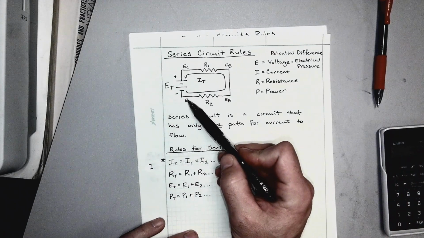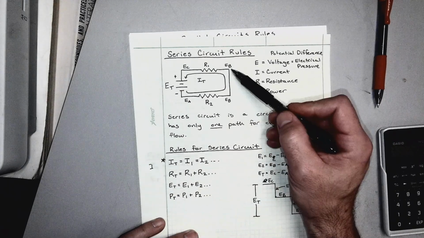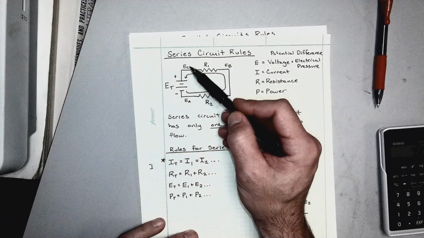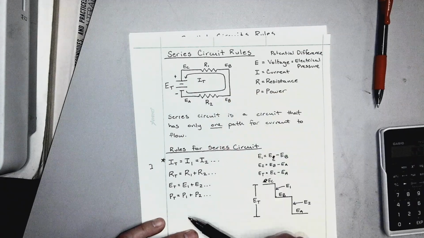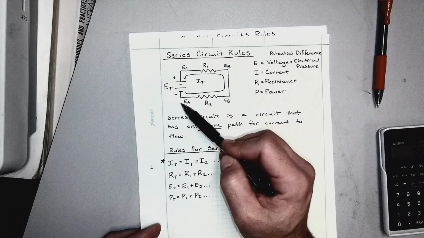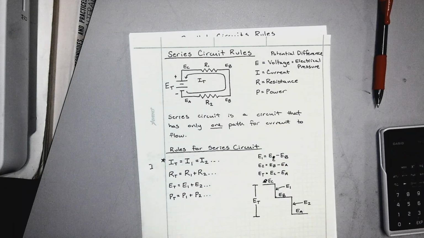Remember, this is all one point of potential, and we called it E sub A. Everything over here was one point of potential. We called it E sub B. And then this was one point of potential. We called it E sub C. So everything in this little area right here within this conductor, we can treat as one point of potential.